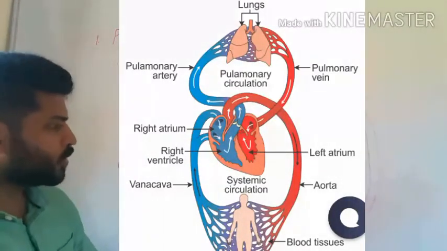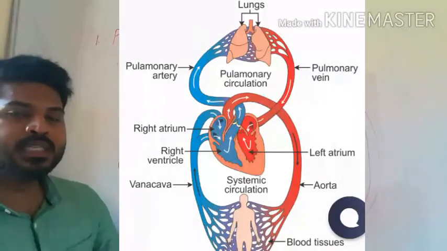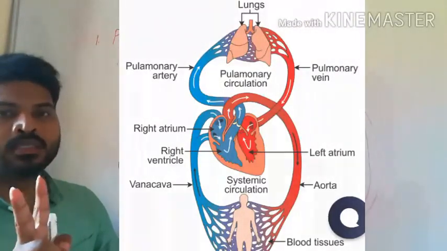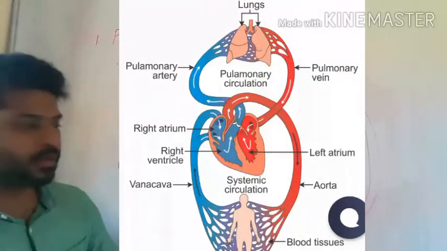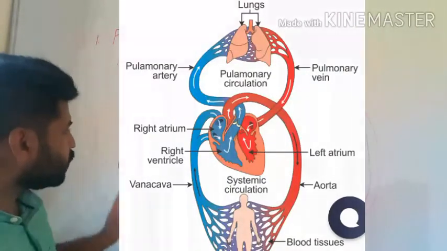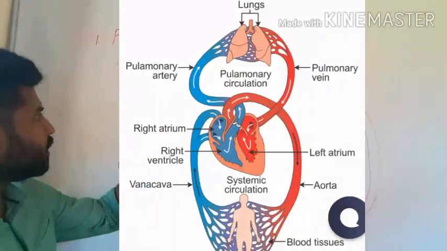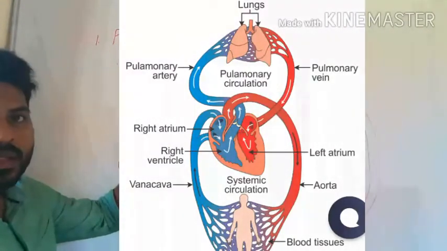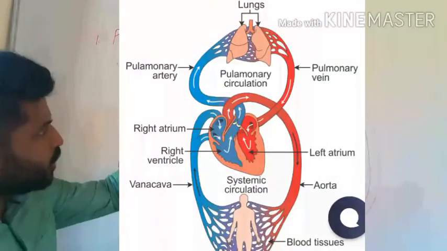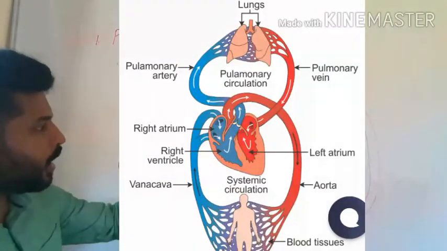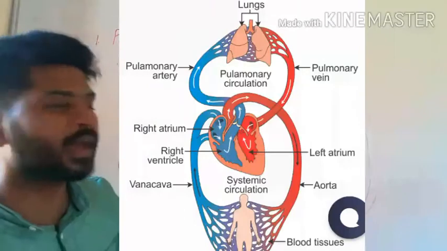Now, if you observe, blood travels through the heart twice in one circulation. First, blood comes into the heart, from where blood goes into the lungs. Then, once again, blood comes from the lungs into the heart and then goes back.